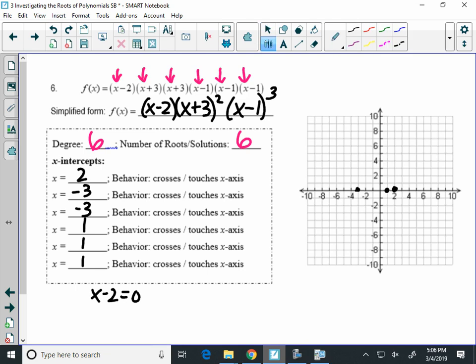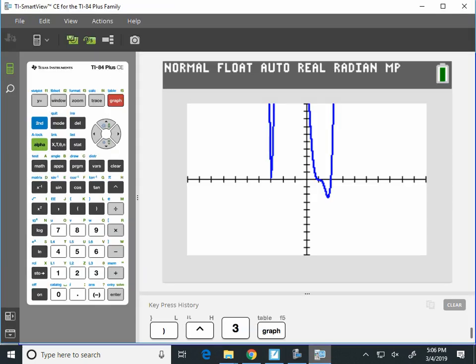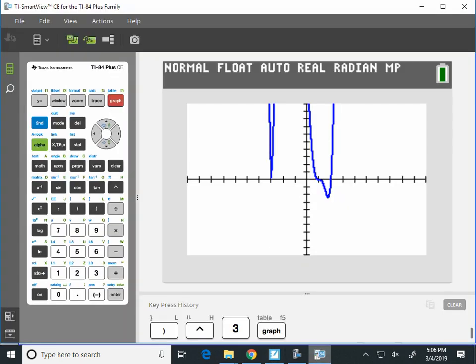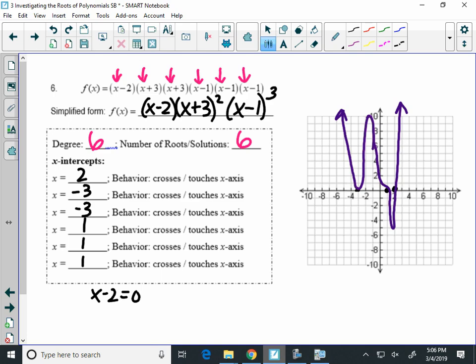So it looks like I'm going to come down, bounce off, come back up, and then on this root here at 1, when I look at the picture, it looks like it squiggles through there. So I need to make sure when I come down, I squiggle, and then I go back up. Now I know it's not perfect because the graph goes off the axis, but you have the right idea here.